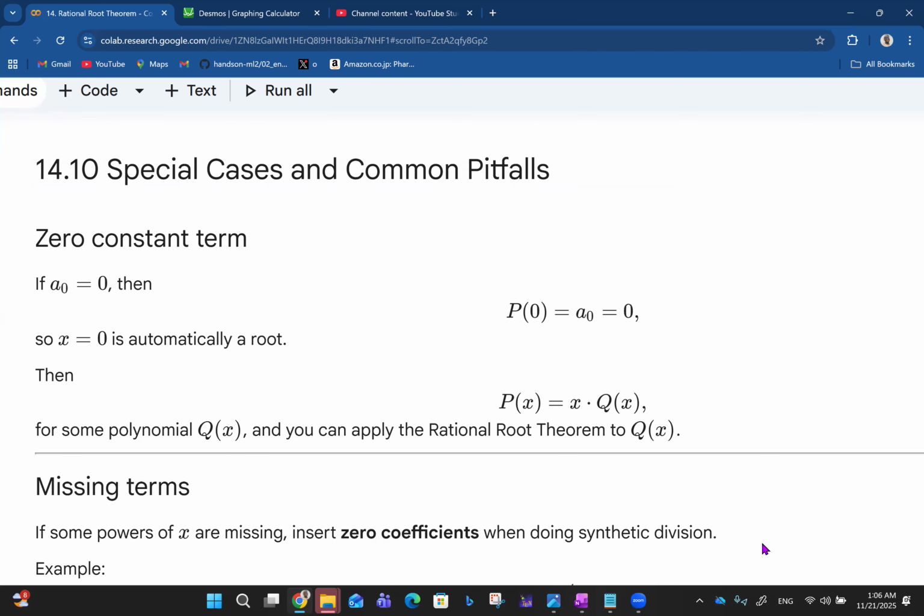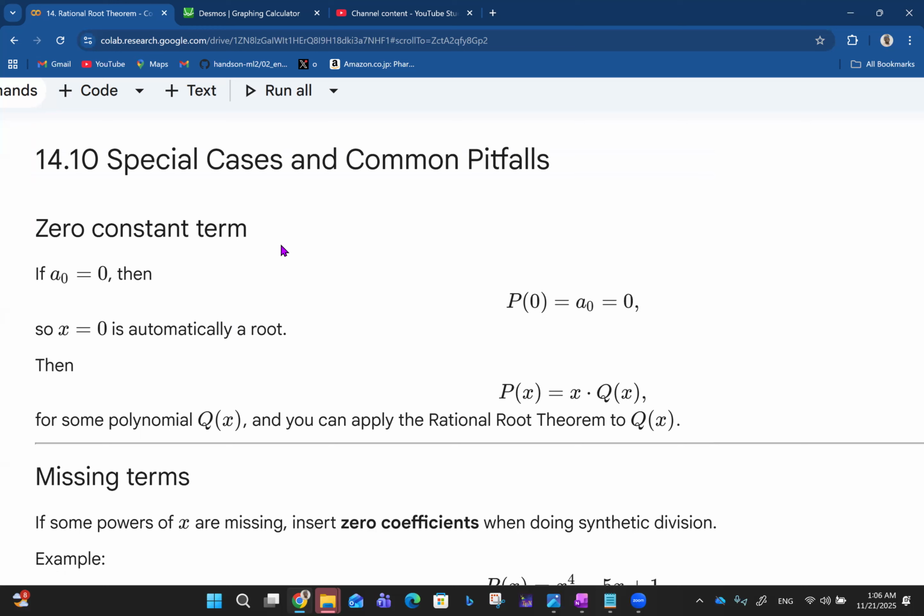This is really important. If you have a zero constant term, if a naught is 0, then p of 0 is a naught, which is 0. So x equals 0 is automatically a root in that case.